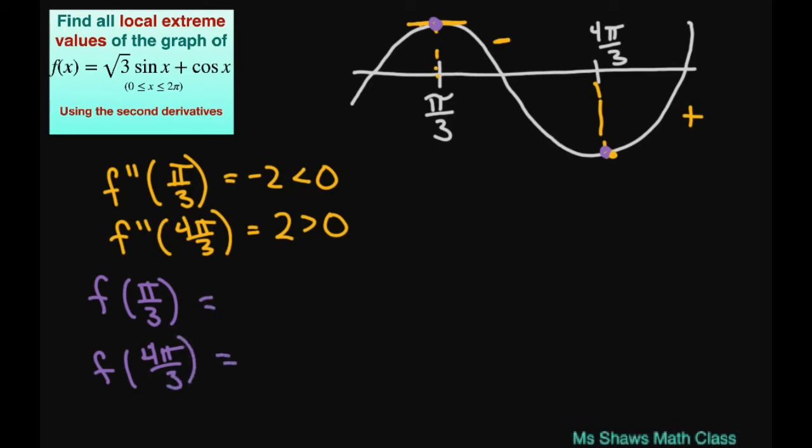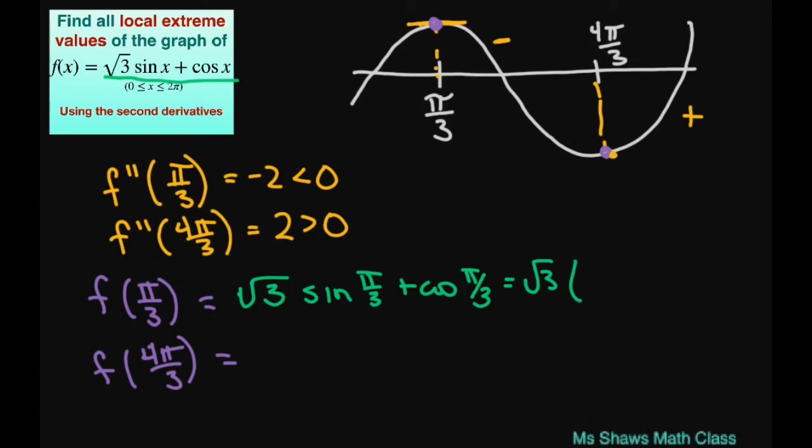All right, so for this one we're going back to this equation here, so you get square root of 3 sine of pi divided by 3 plus cosine of pi divided by 3. This is going to equal square root of 3 times square root of 3 divided by 2 plus 1/2. This equals 2. So this value here, you have a local max at 2.